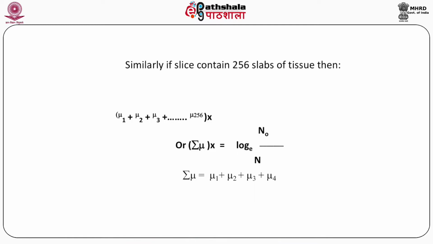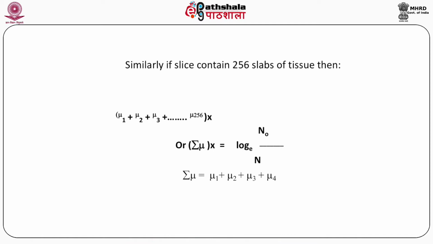By knowing the intensity of transmitted X-ray and the intensity of incident X-ray, we can find out the total value of the linear attenuation coefficient. If the slice contains 256 slabs of tissue, in this figure you can see 256 slices. In that case, the sum of the linear attenuation coefficient values of all these slices is equal to log e N0 upon Nx.